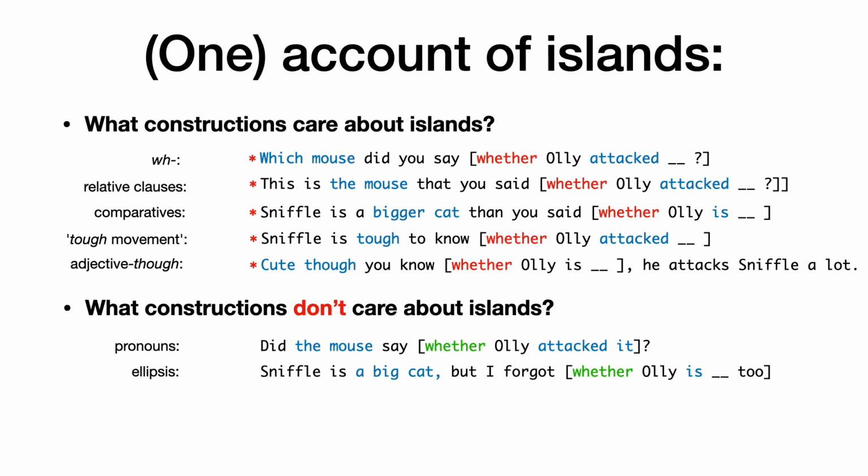And so we might wonder, do other languages show the same kind of data? And the answer is overwhelmingly yes. What is an island in language A is almost always an island in language B. What kind of structure is sensitive to islands in language A is almost always sensitive to islands in language B.